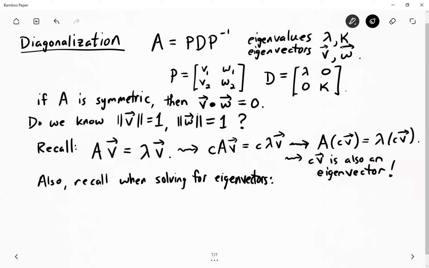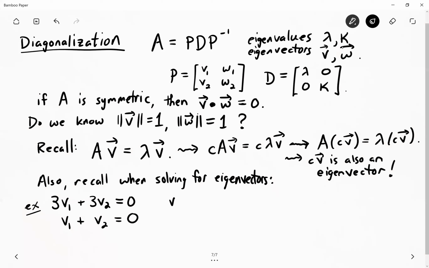We'd be left with something like 3 times V1 plus 3 times V2 equals 0, and maybe V1 plus V2 equals 0. And so we'd often end up with a system of equations like this, and we have a free variable.